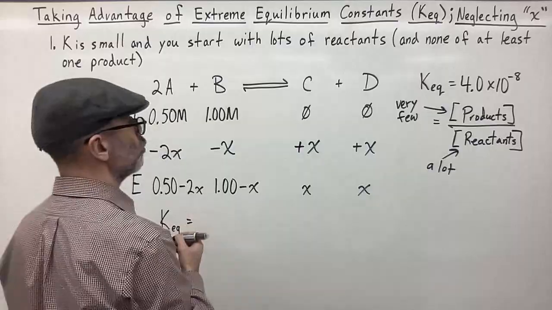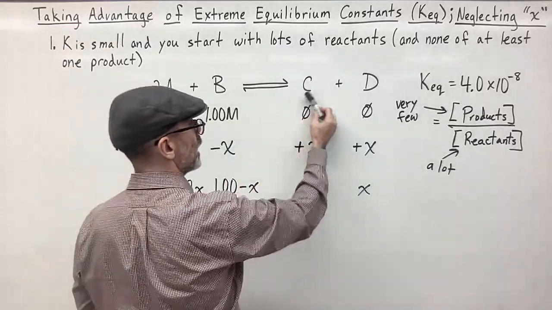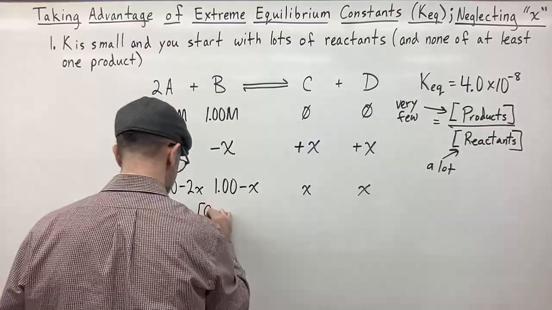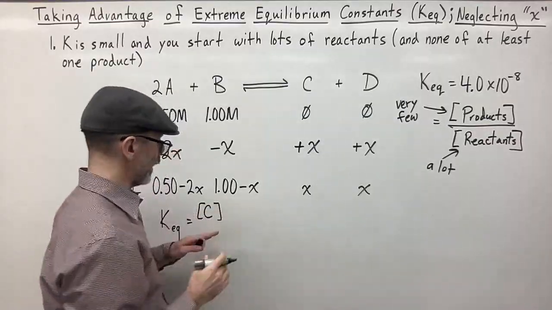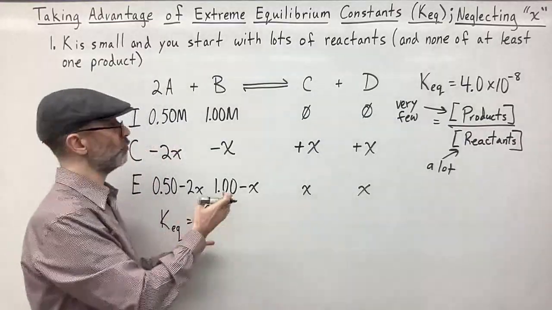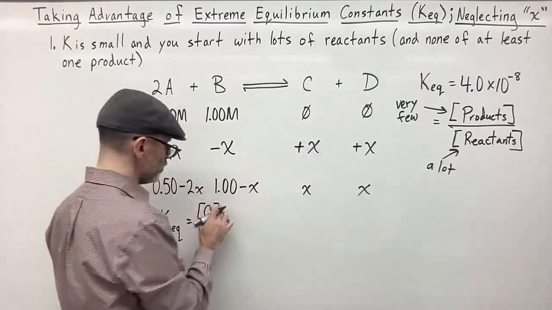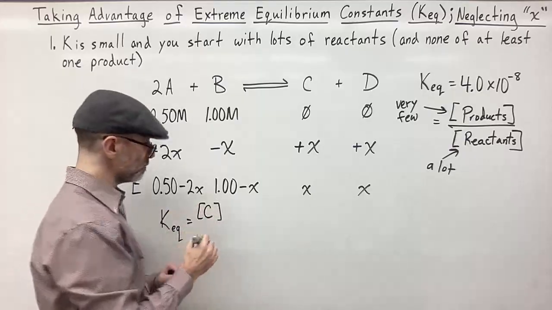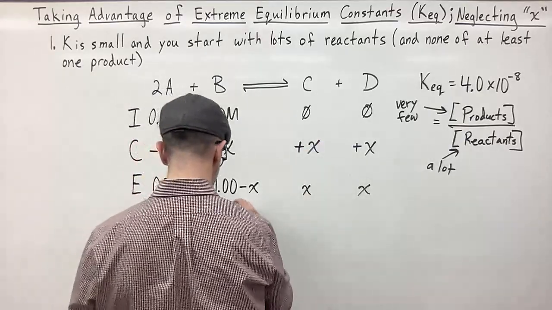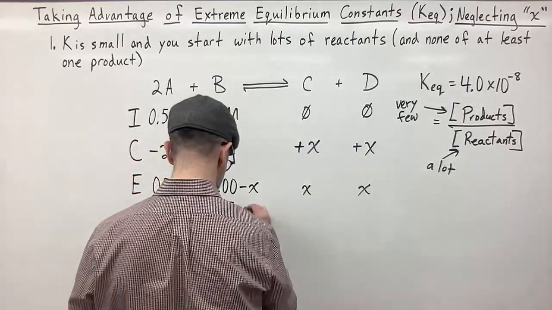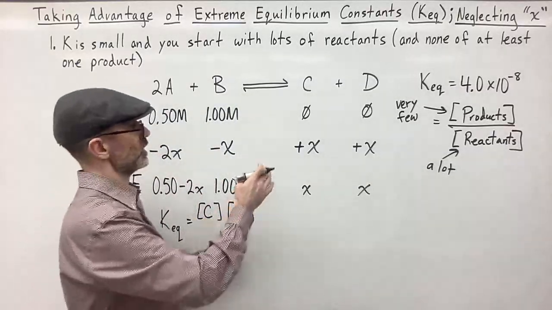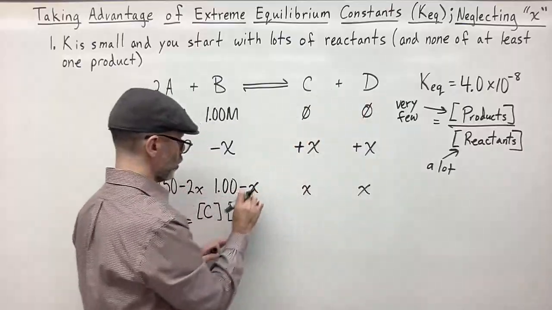is going to be equal to the products. So the concentration of C raised to the power of its coefficient. The coefficient is 1, so we have a 1 there. We don't write ones. Multiplied by the concentration of D raised to the power of its coefficient. Its coefficient is 1, so there's a 1 there.